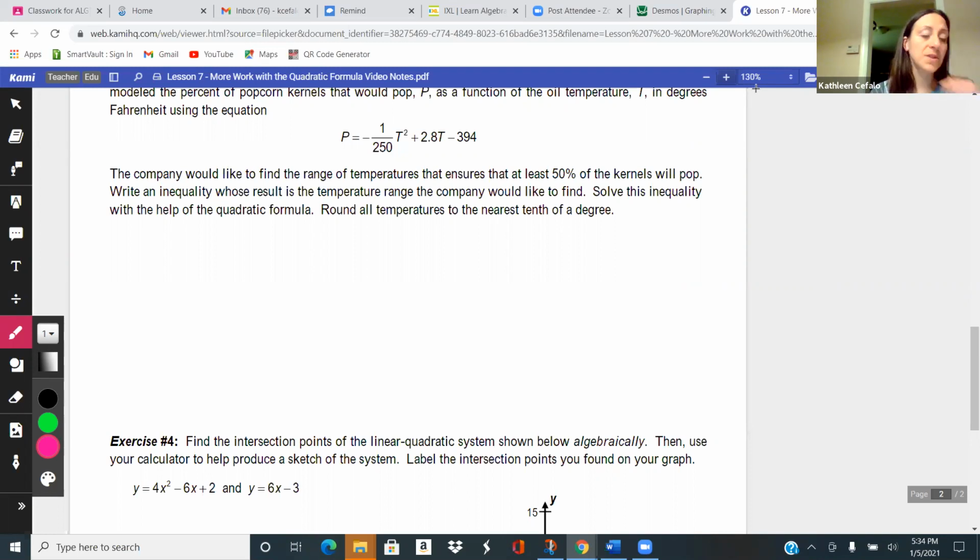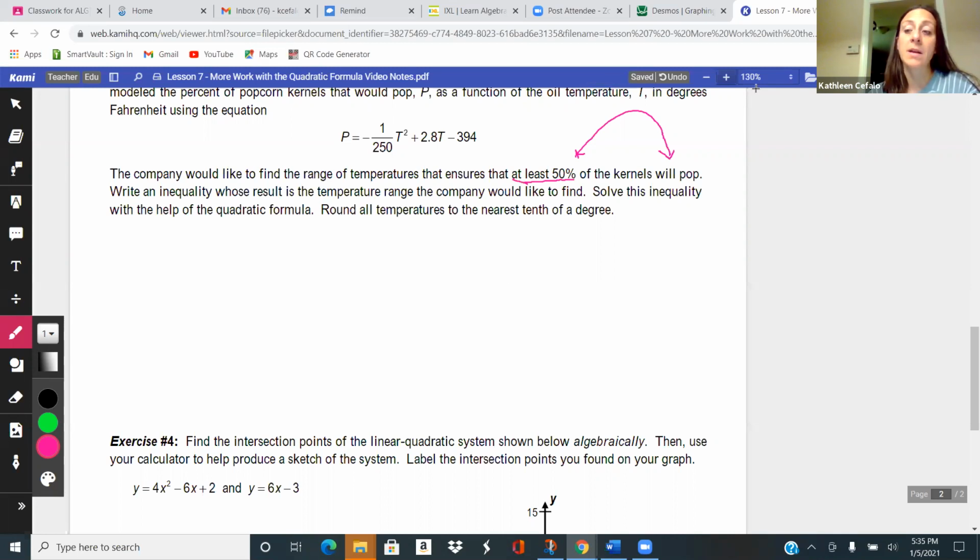First thing, I'm taking note of a couple of things here. I see the negative, I see it's a quadratic, and I'm thinking this is a function that has to be opening down if it's a negative a term. I know it has to ensure at least 50%. Those are keywords there: at least 50%, meaning that's our minimum.